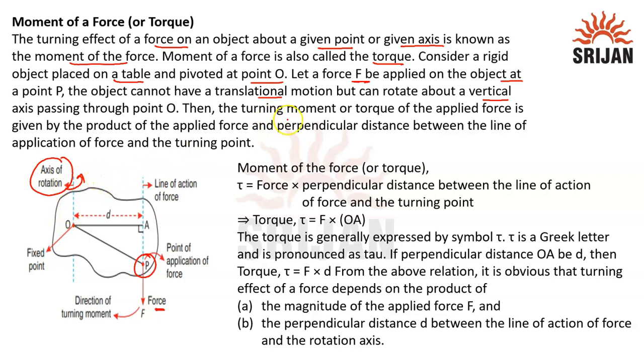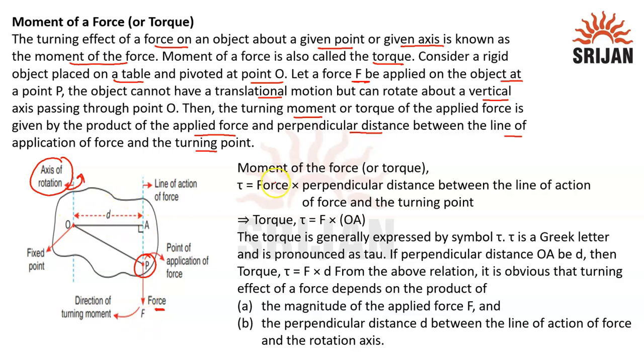We can say that the turning moment or torque of the applied force is given by the product of the applied force and the perpendicular distance between the line of application of force and the turning point. Here we can see that this is the turning point and this is the line of action of force and the perpendicular distance is d.